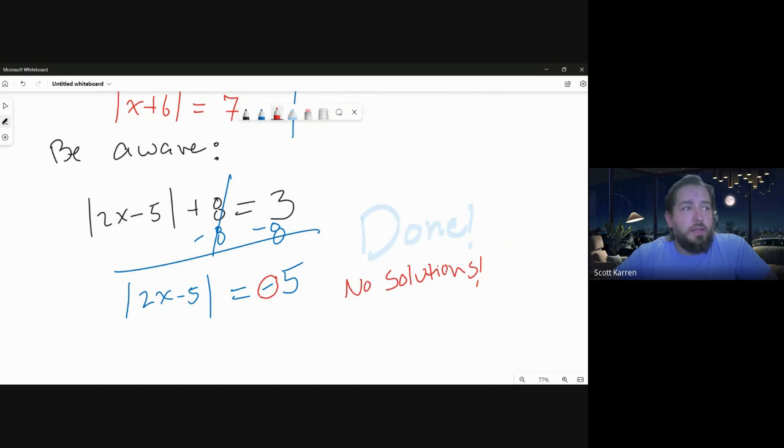So I can just quit right here. If my absolute value ends up being equal to a negative, you're never going to be able to put any value in for x to get some number inside the absolute value that when you take the absolute value of it will be negative. So you're done. We all right with that concept? Okay.